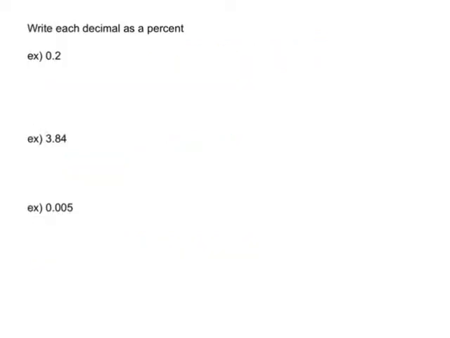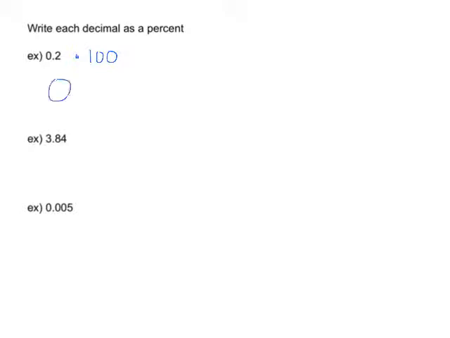To write each decimal as a percent, we're going to multiply by 100, and then add the percent sign. So I have 0.2, and I'm going to multiply by 100. Remember that whenever I multiply by 100, I'm really just moving my decimal point over 2 places.